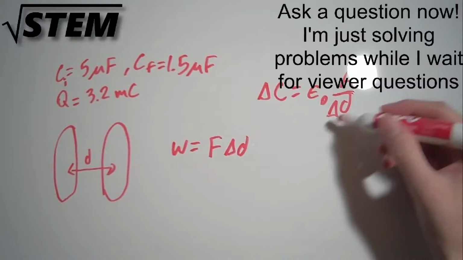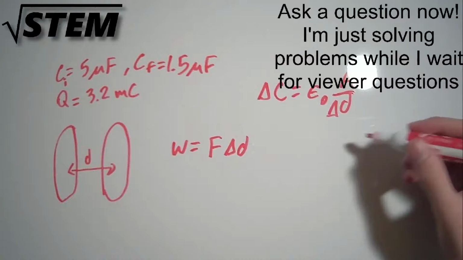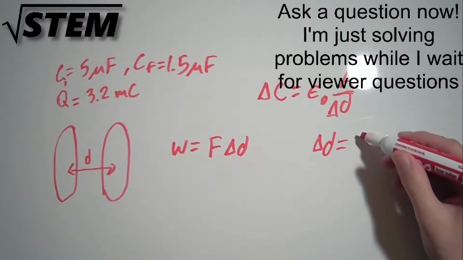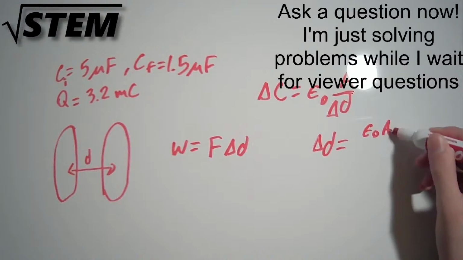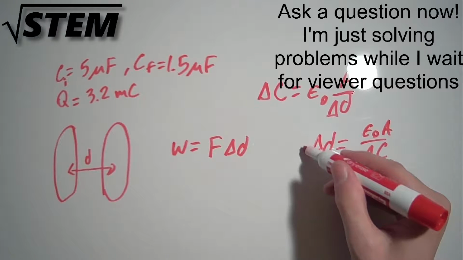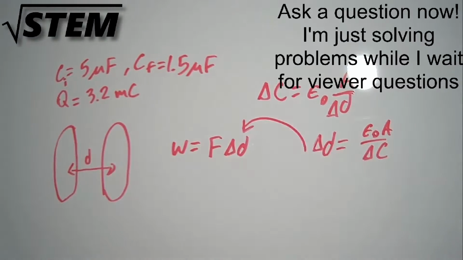Let's solve this for the change in D. So that would be epsilon naught A over delta C. So we could plug that into here. The question is, what is that force?